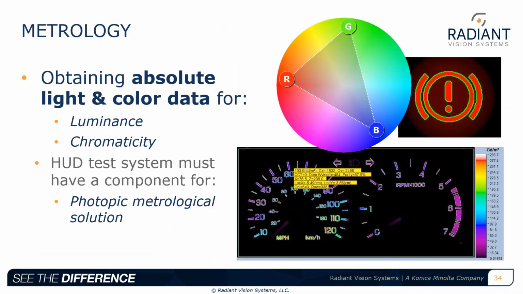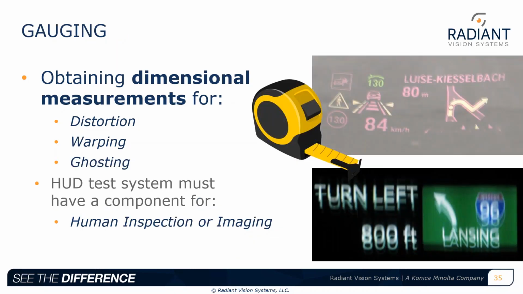From a metrology perspective, head-up displays require something that can provide you absolute luminance or chromaticity. Generally speaking, what we see in the industry is something that is photometrically calibrated. We've seen people use spot-based technologies, imaging photometers, and imaging colorimeters. On the gauging side, the geometrical side, where you want to understand the dimensions of the information being presented and how your projection information is being viewed, the distortion of the image, the warping of the information, or any alignment abnormalities or ghosting need to be identified.